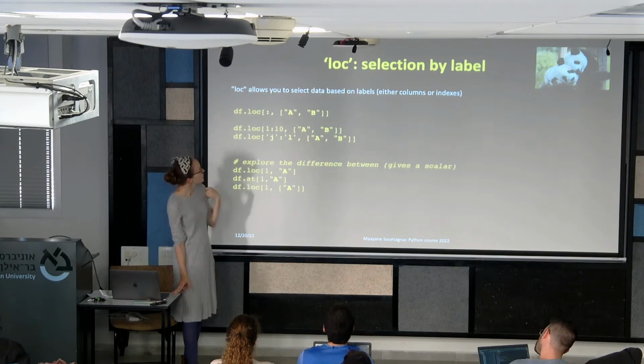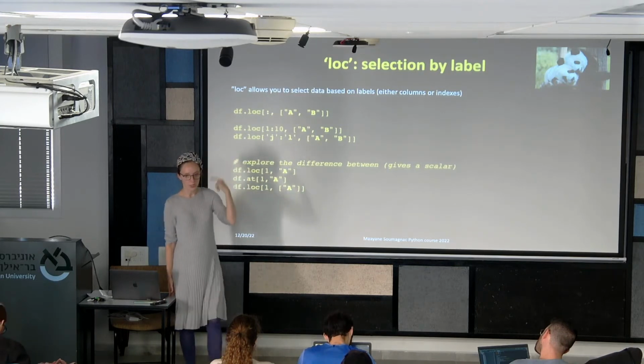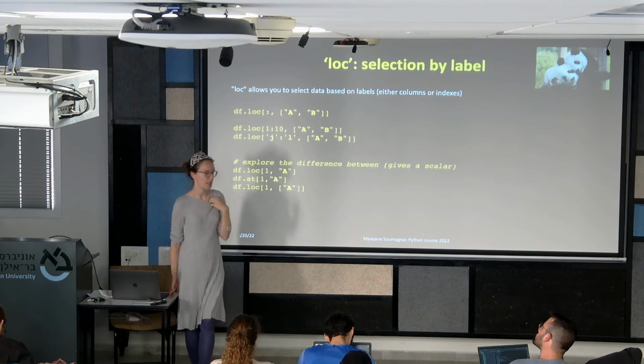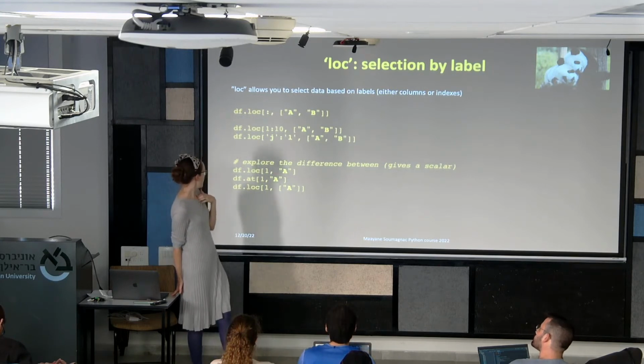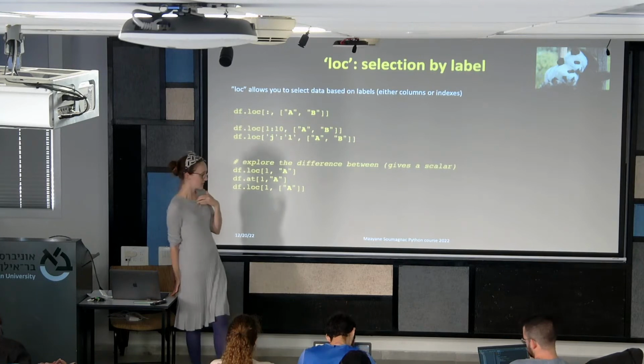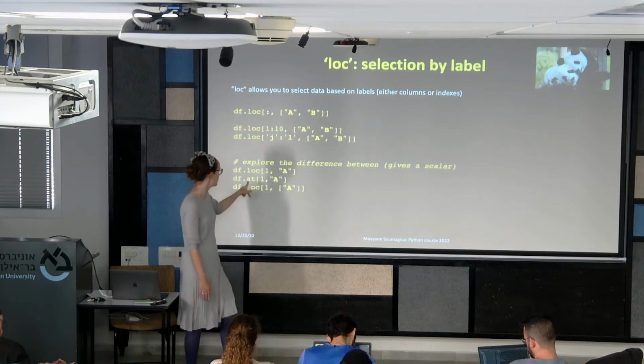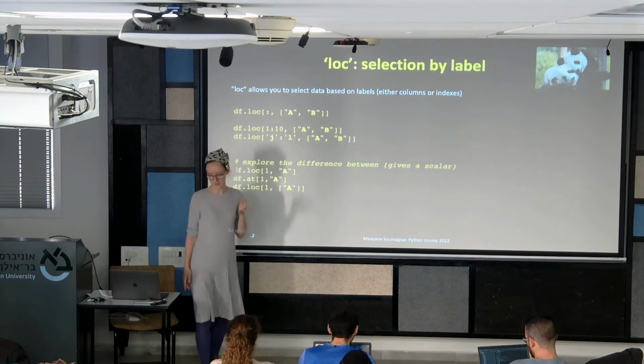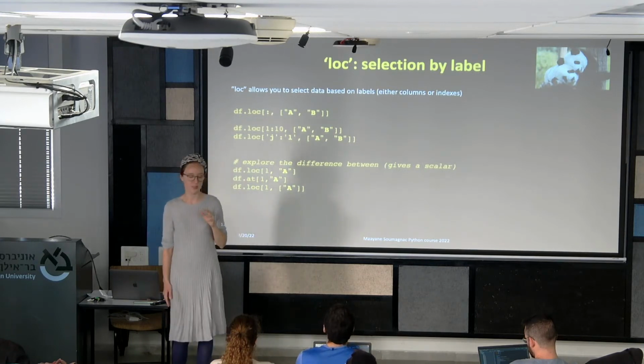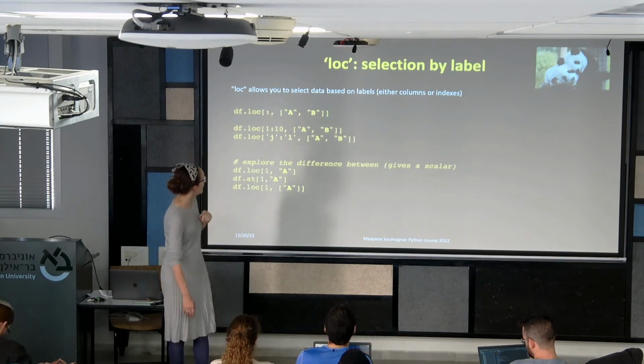And the way to do this is with the loc function. So we'll see in a second how to use it, and we'll see the difference. We'll also see the at function and what's the difference between loc and at.